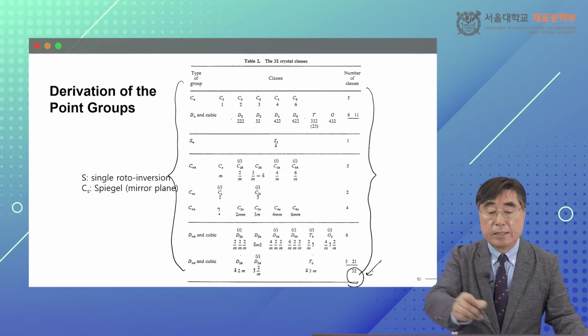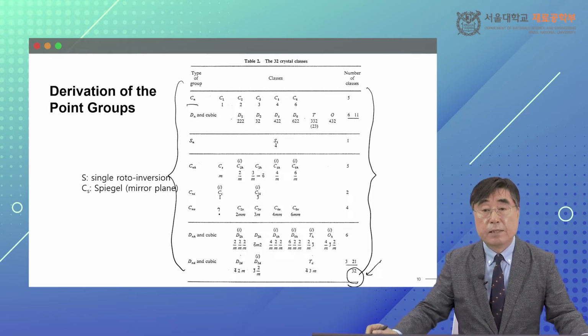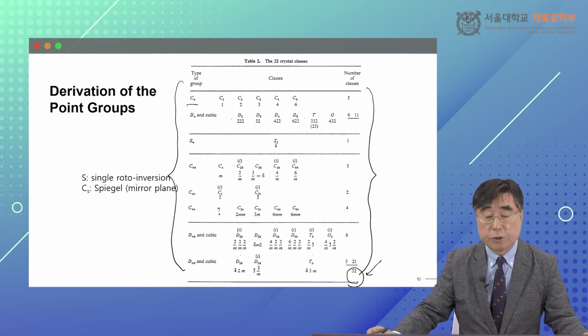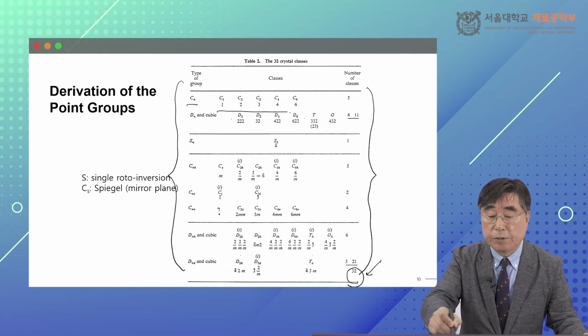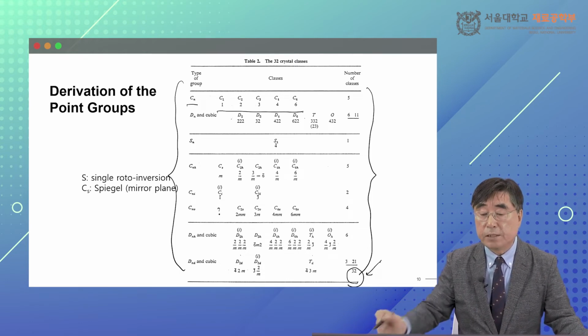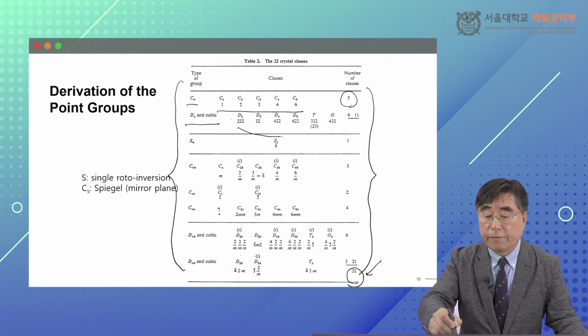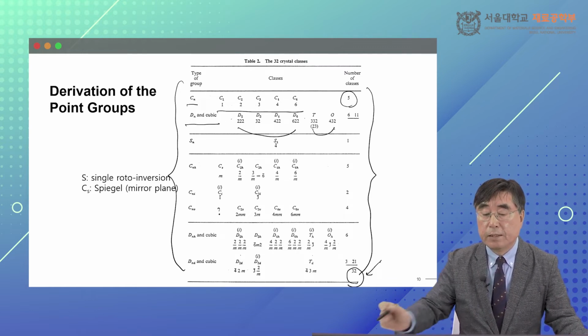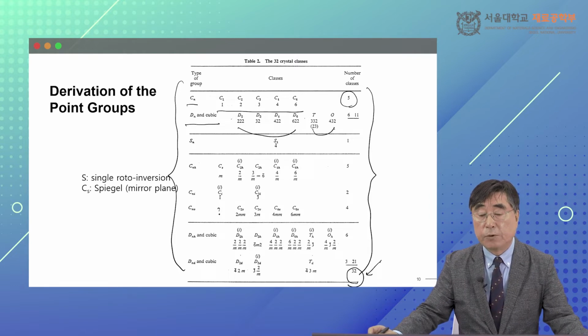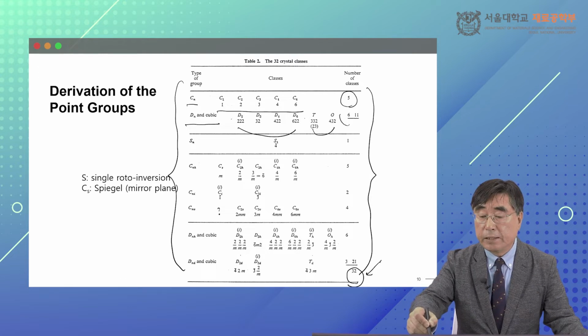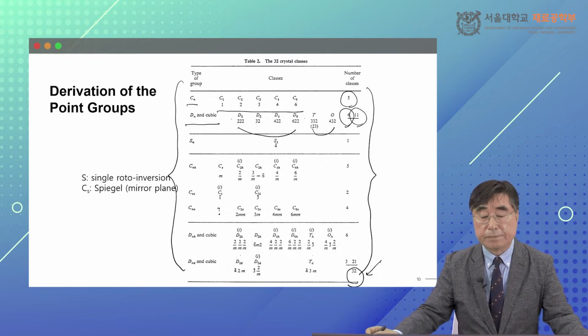Okay, Cn is simple, just a cyclic operation of n. As I explained to you, there are C1 to C6, so there are 5 of them. Dihedral groups of n-fold, so there are 4 of them. And cubic, there are tetrahedral symmetry and octahedral symmetry groups. So if you combine these, then there are 11 of them.